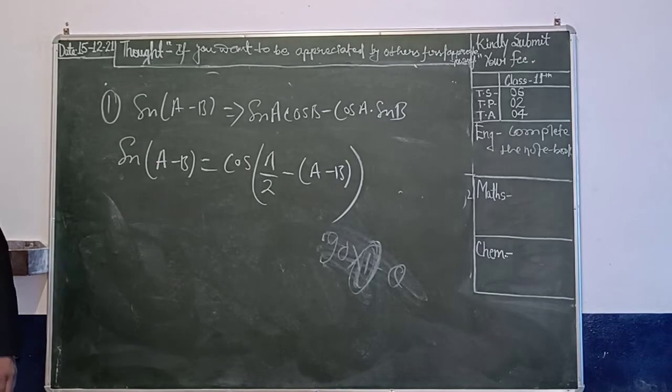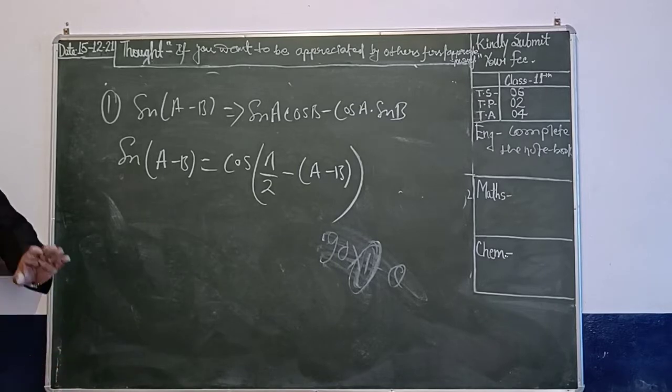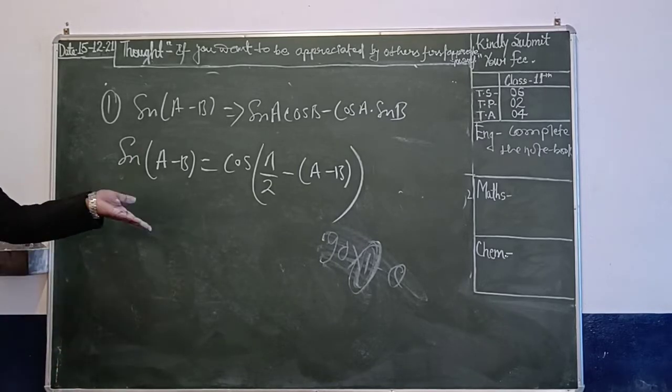Cos pi by 2 minus A minus B. Is it clear? Because cos 90 minus theta is equal to sin theta.